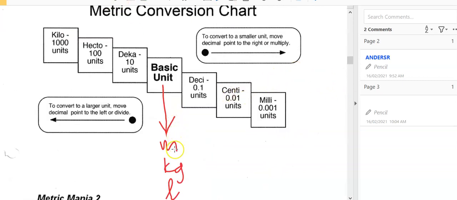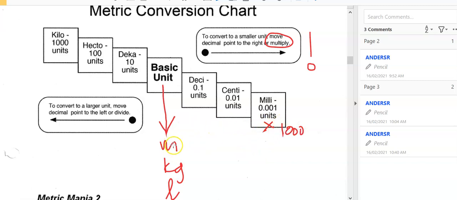When you convert from a big unit to a smaller unit, you must multiply. Multiply. I'm going to put a nice fat exclamation mark there. So if you're converting from meters to millimeters, remember that's 1, 2, 3, so you must multiply by 1,000.